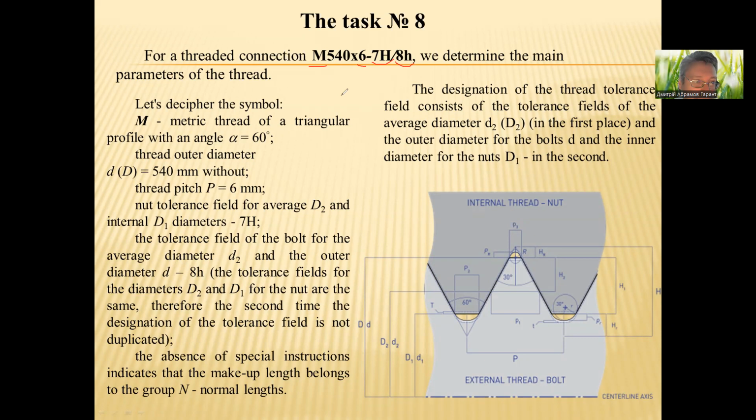Let's decipher the symbol. So M is metric thread of a triangular profile with an angle of 60 degrees. Look at the figure, the angle of the triangle profile is equal to 60 degrees.